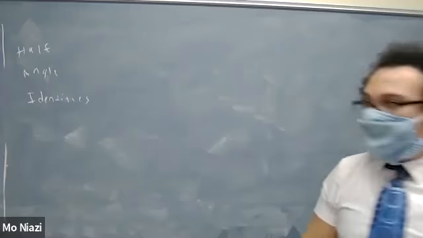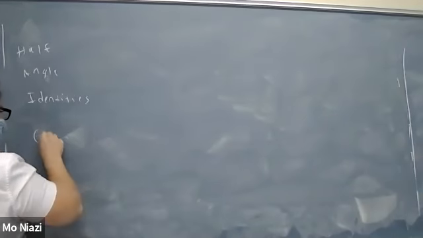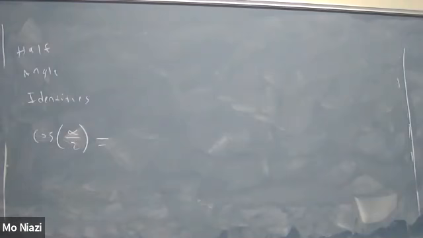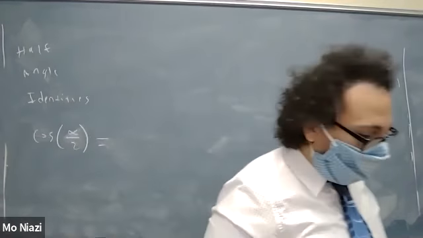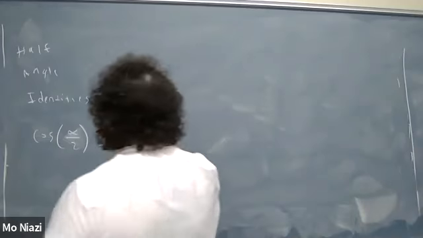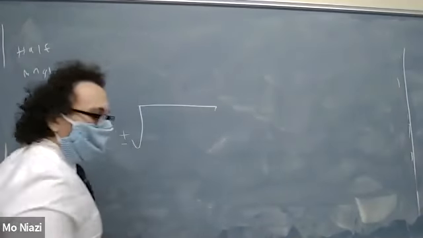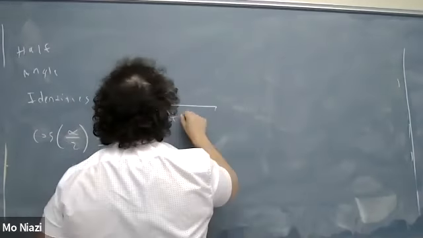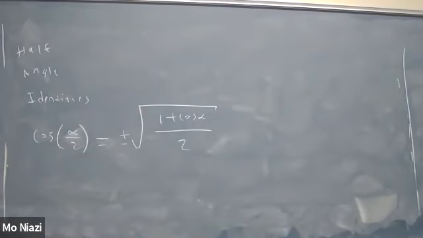So what is the cosine of alpha divided by 2? Well, maybe I should make you do it for extra credit, how you get this. 1 plus cosine alpha. This is true, and you can find it using first principles.